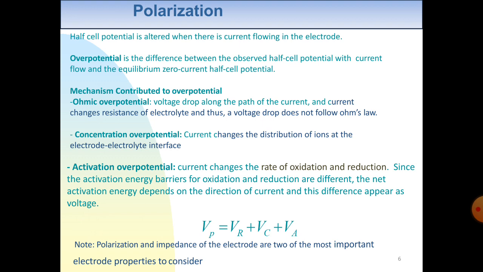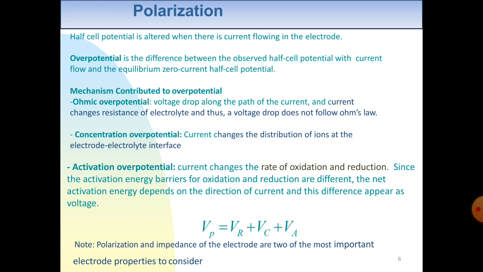So this slide shows the polarization. Before that, what is meant by resting potential? Before we know the polarization concept, we have to study the action potential, resting potential, repolarization, depolarization.